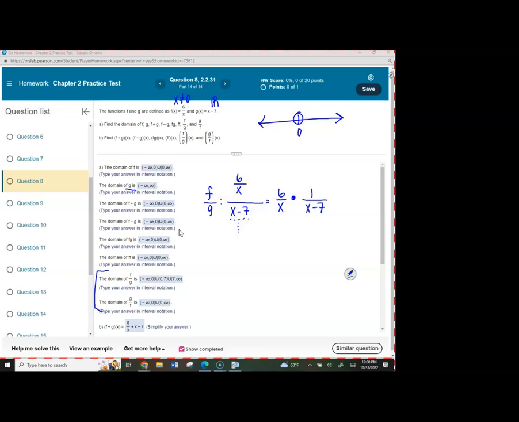You can just look at it right here and say to yourself, okay, x can't be 0 and x can't be 7, which is why it's skipping over both. Now when it's g over f, that's not the issue, so for mine, it's only x can't be 0. Just skip over.